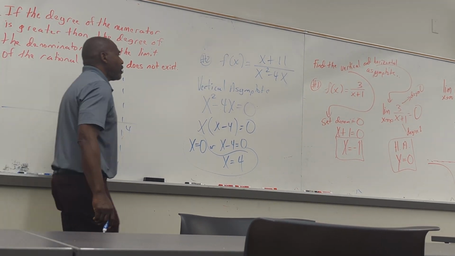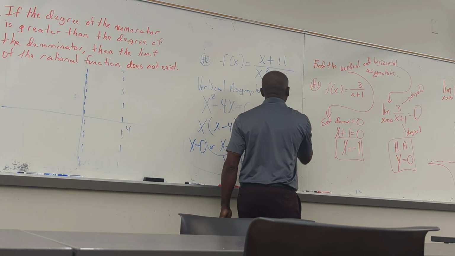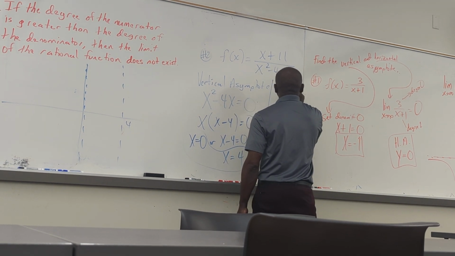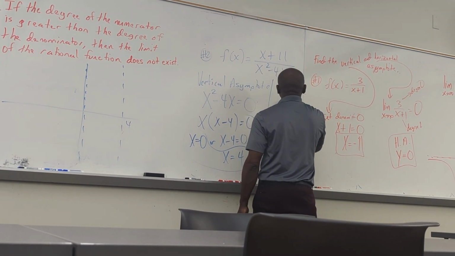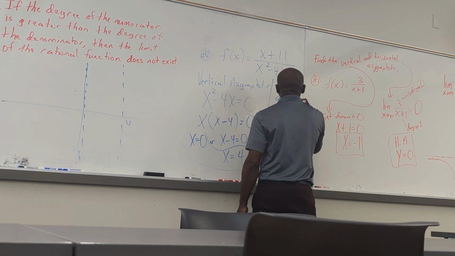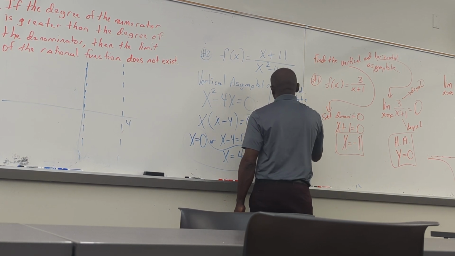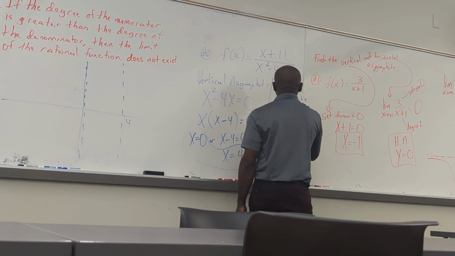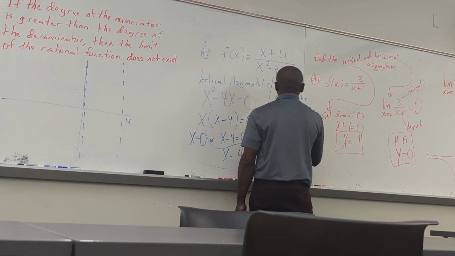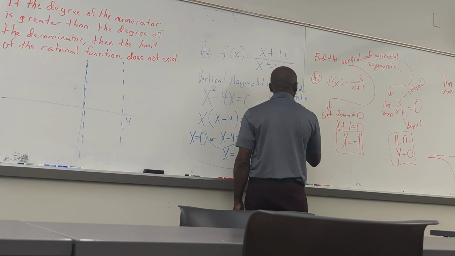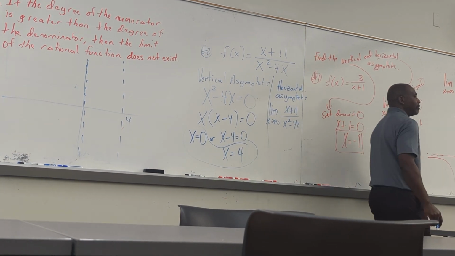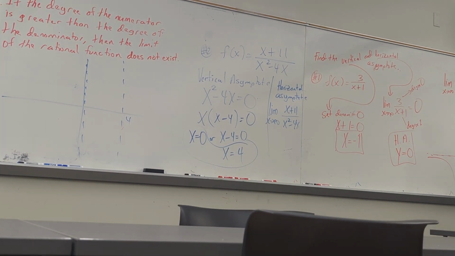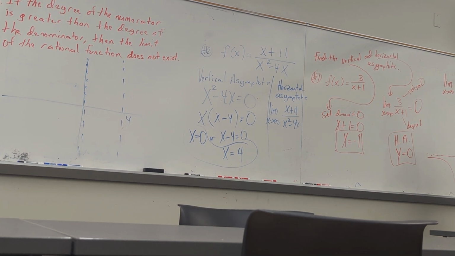Now, how do you find the horizontal asymptote? That's when we take the limit as x goes to infinity of x plus 11 all over x squared minus 4x. What's the degree in the top? 1. What's the degree in the bottom? 2. So what's the answer? Zero.